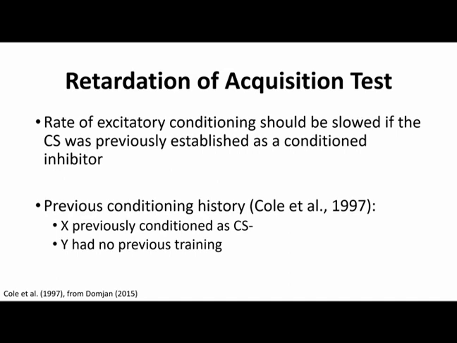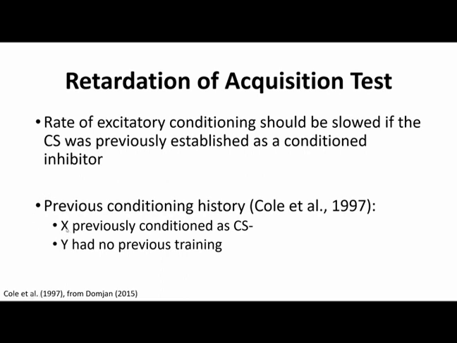Basically, to get it to serve the opposite purpose, it should take a lot of effort because we've already learned that it inhibits, so it should be really hard to make it do the opposite. Another way to say it is that the rate of excitatory conditioning should be slowed if that conditioned stimulus was previously established as a conditioned inhibitor. So again, just like X in our previous example.